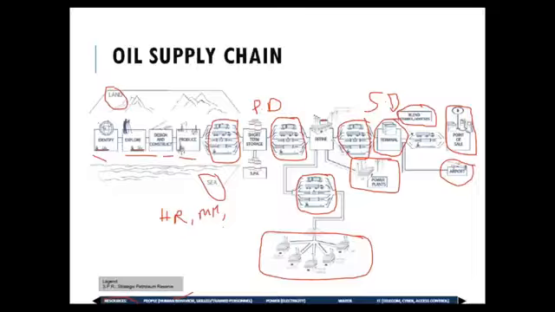For all that, you need materials management. For selling, you need sales and distribution. Once the refined products are ready, you have to sell them, right? For that you need sales and distribution. Now you have the refinery here, so you should have production planning.